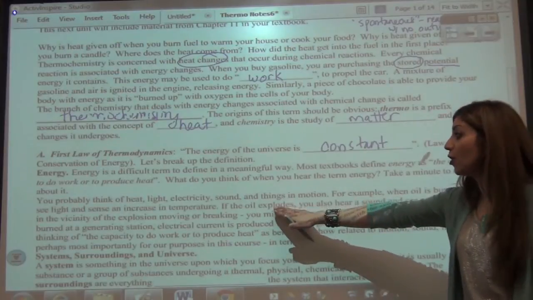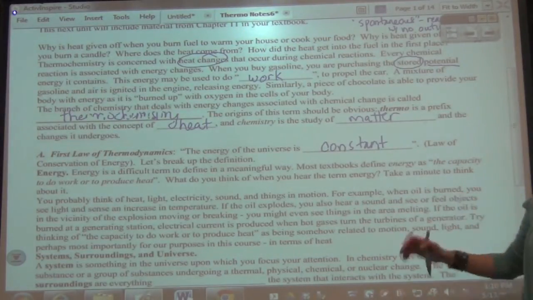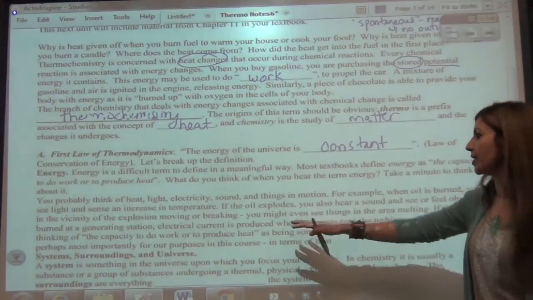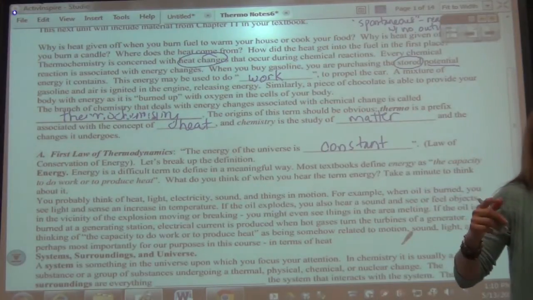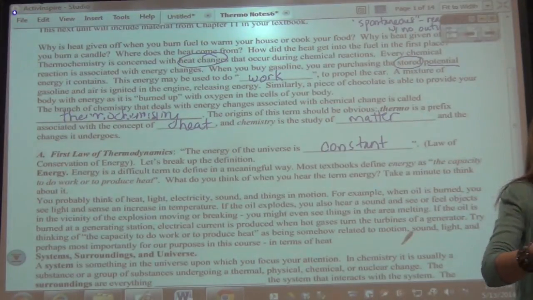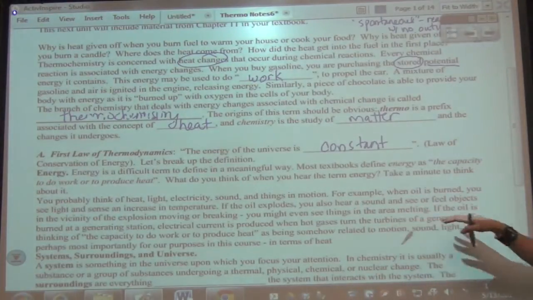If the oil explodes, you're going to hear a sound. And then you can either see or feel objects in the vicinity that are exploding, moving, or maybe breaking. You might even see things in the area that are melting. If the oil's burned at a generating station, then you can create an electrical current and use that for electricity. So it turns the turbines or the generator.